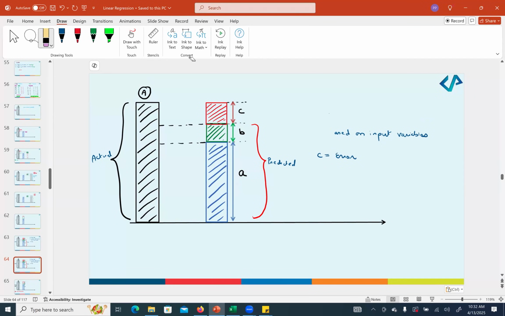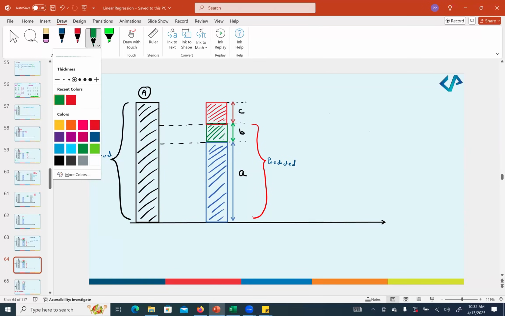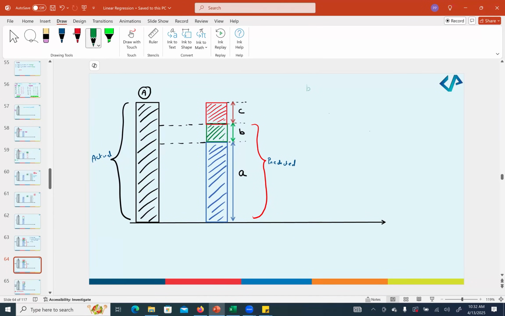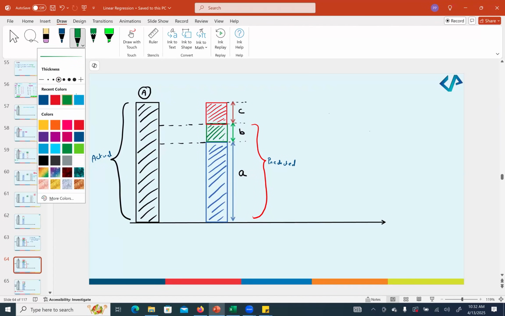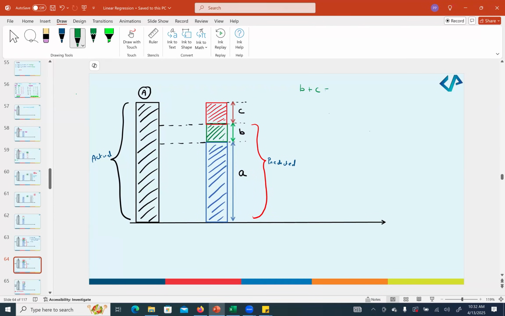when it comes to linear regression, what we say is that this B plus C that we have is the total variation from the mean. Is that correct? Yes.